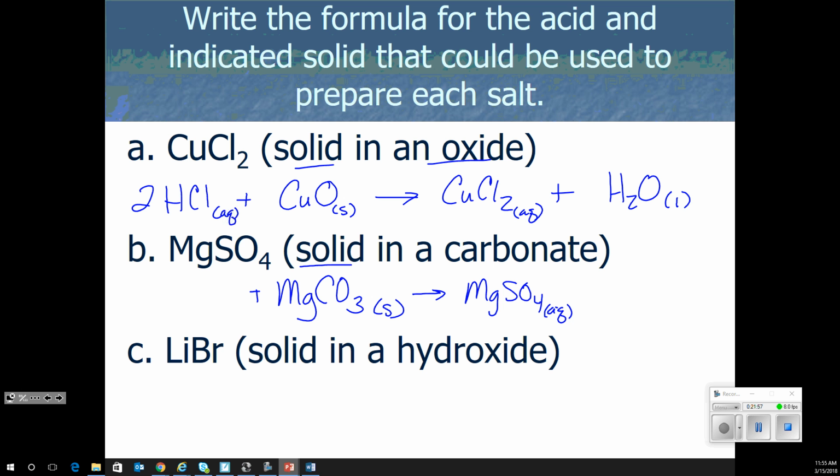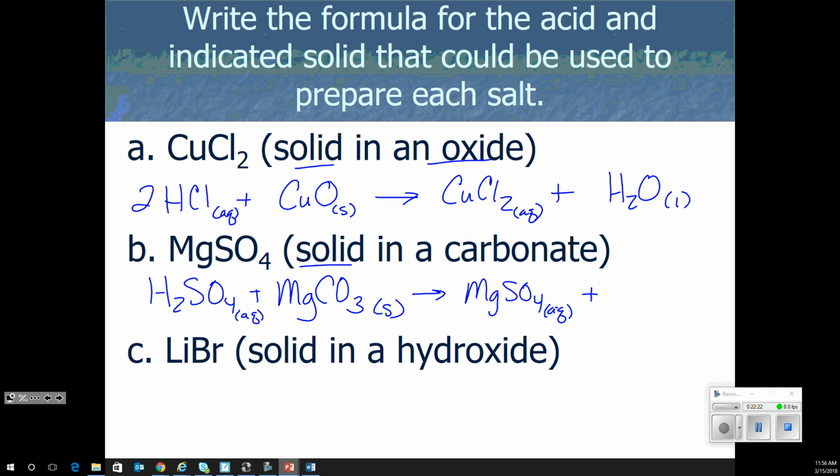What is the acid that's missing? Sulfuric acid, good. H2SO4, strong acid or not? Strong acid, so it's going to be AQ. It's going to split. What am I missing over here on this other side? Careful.